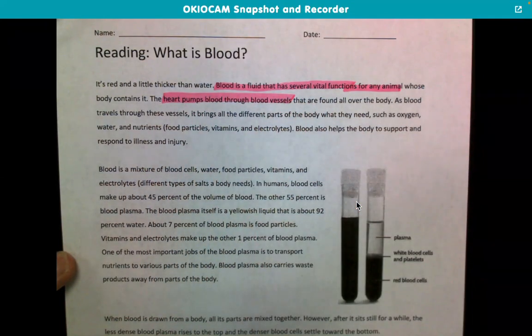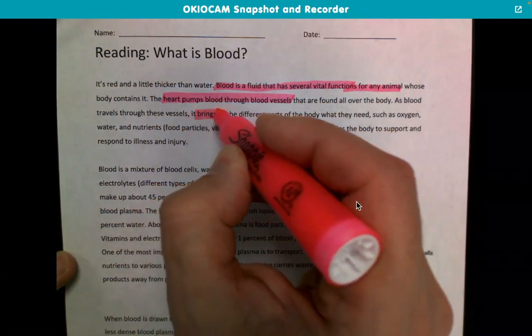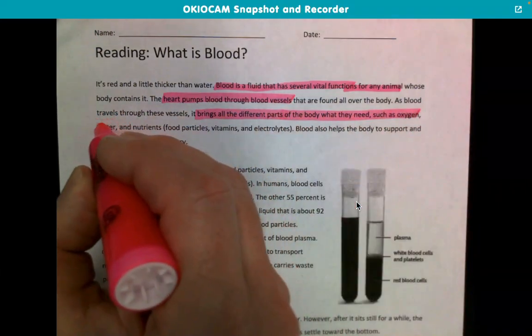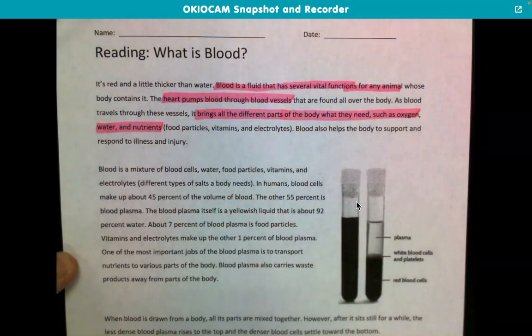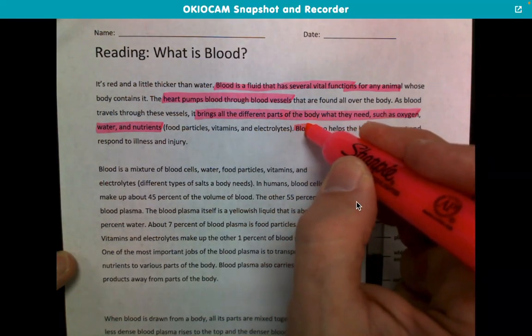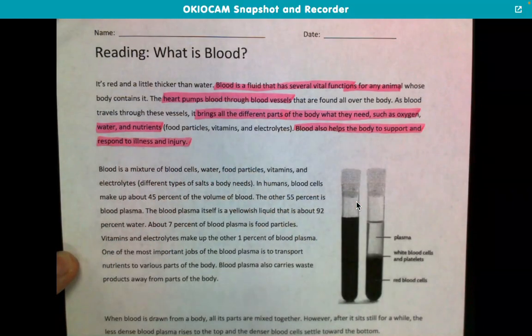Its job, its function is to bring all the different parts of the body what they need, which would include oxygen, water, and nutrients. And blood also helps the body to support and respond to illness and injury, which is perfect because we're figuring out how the body heals.